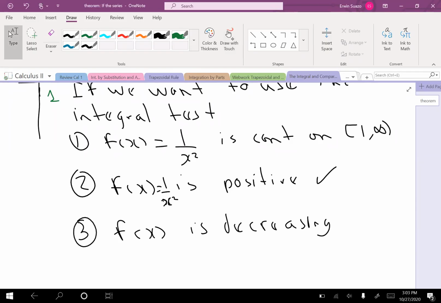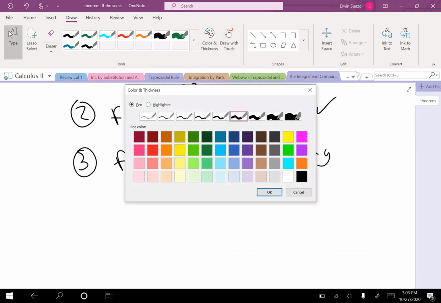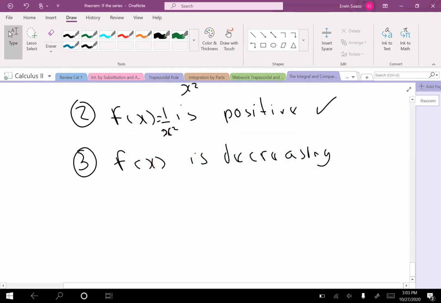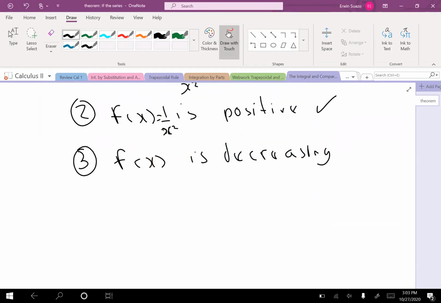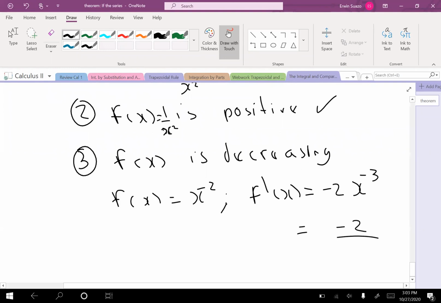That's also easy because f of x is x to the minus 2, right? Therefore, f prime of x equals minus 2x to the minus 3, which gives me minus 2 over x cubed.